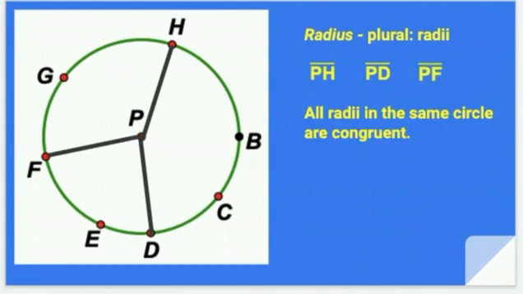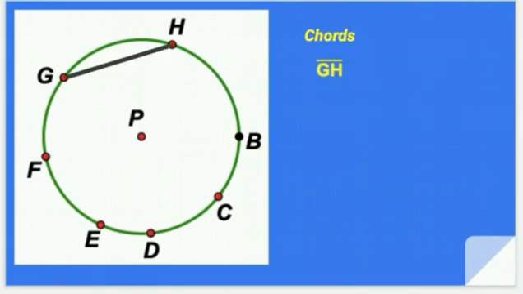And all radii in the same circle are going to have to be congruent because they're defined as a set of points that are all equidistant from this point P. So all of the radii in the circle will be congruent. So let's talk about which segments are chords. Chords connect 2 points on a circle and they're going to be inside the circle.